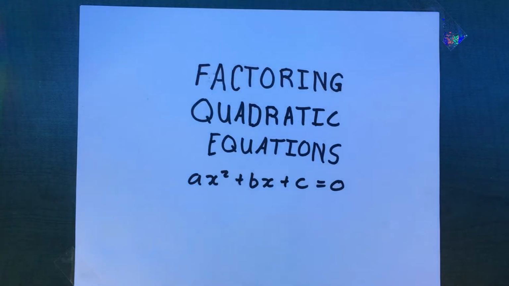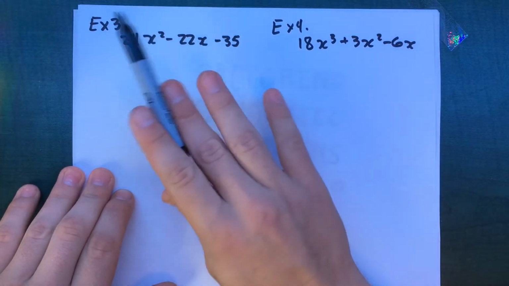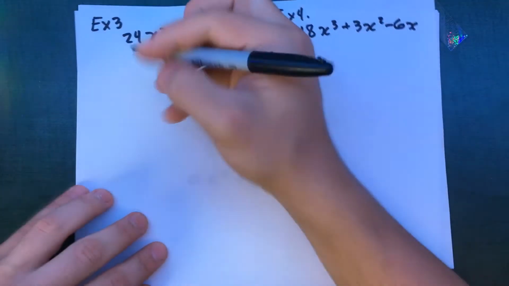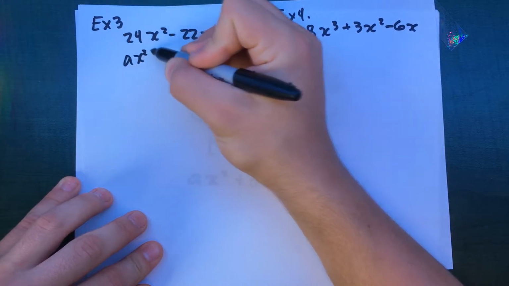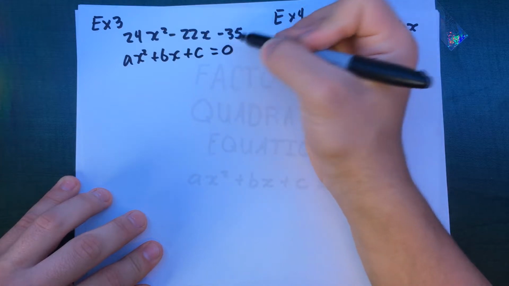Okay, so let's have a look at some more difficult examples. In these examples, you may take notice that there are actually values of a this time. So if we write out our general formula for factoring quadratic equations, ax squared plus bx plus c is equal to 0.